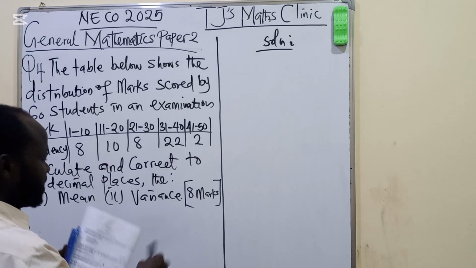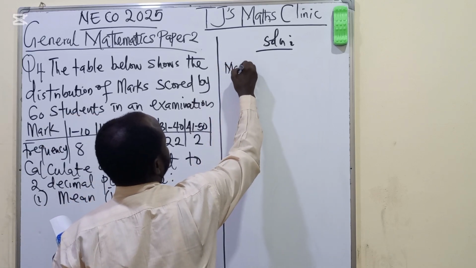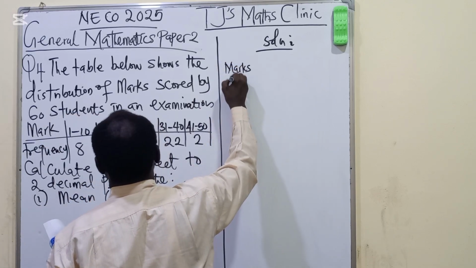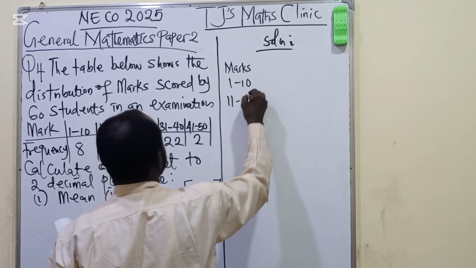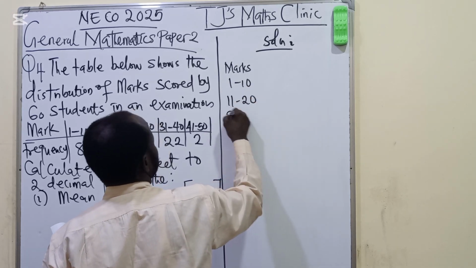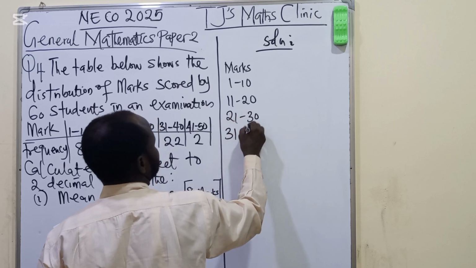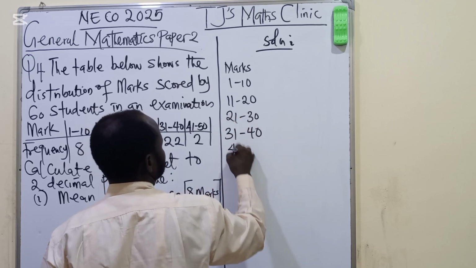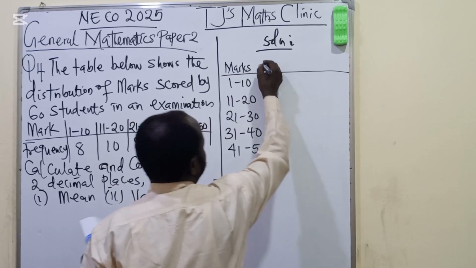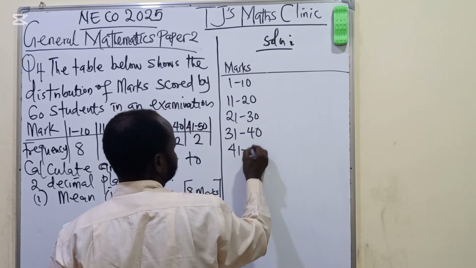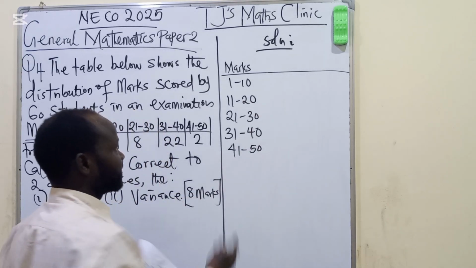We have our marks as 1 to 10, 11 to 20, 21 to 30, 31 to 40, then 41 to 50. Then the next thing for us to do is to find the midpoint, which is going to be our x value now.